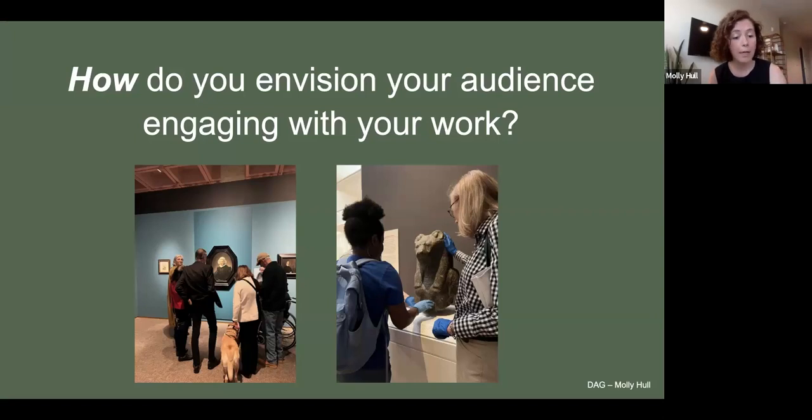So that may be visually, meaning that it is only intended to be looked at, or it could be through the senses, meaning that you go beyond sight to include things like sounds, touch, and smell, fully immersing your viewer. This could be a combination of all those senses, or it could just be one. So you create a tactile replica, for example. Or you want your viewer to actively participate, to become part of your artwork, to interact, to engage.